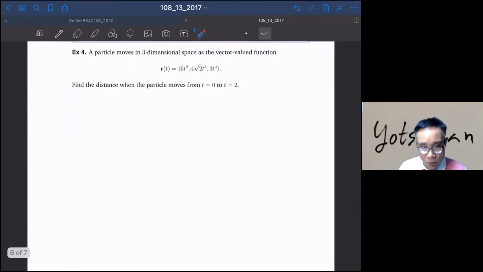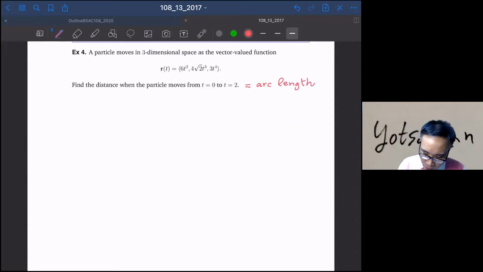In order to find this one, a particle moves in three-dimensional space as the vector valued function r(t) equal to this one. We'd like to find the distance when the particle moves from t equal to 0 to t equal to 2. So this distance turns out to be the arc length.